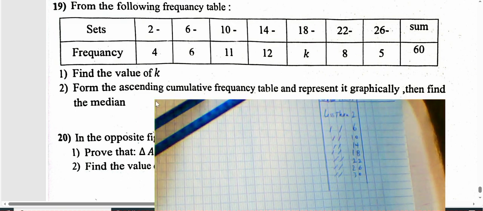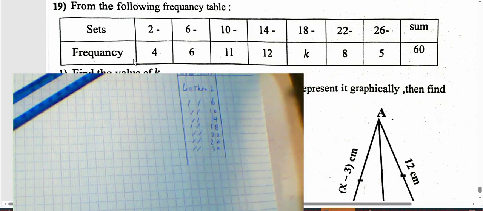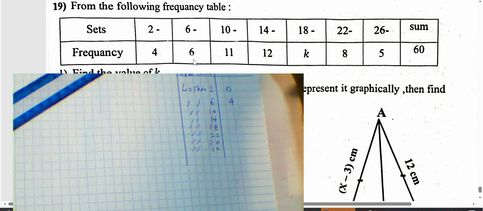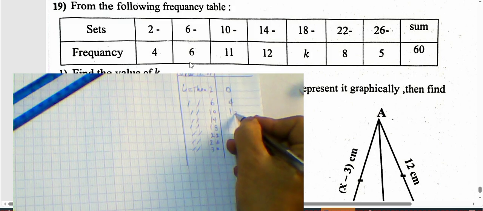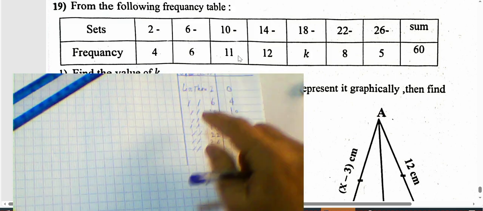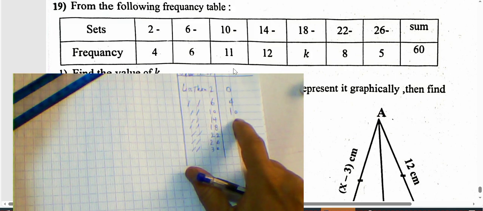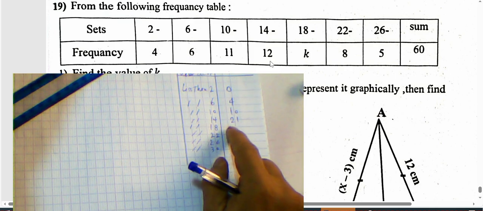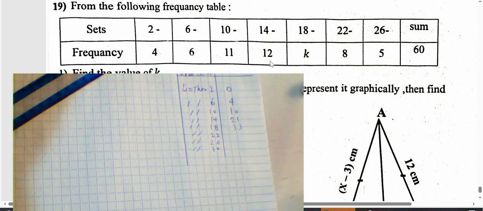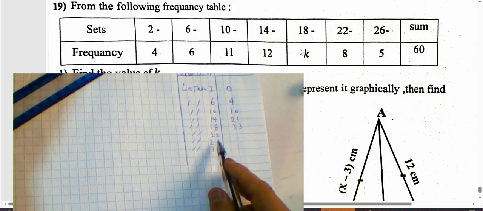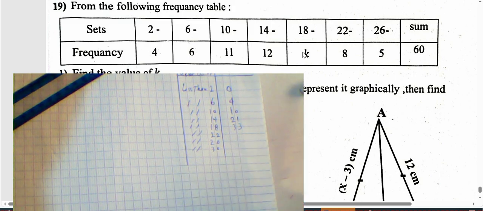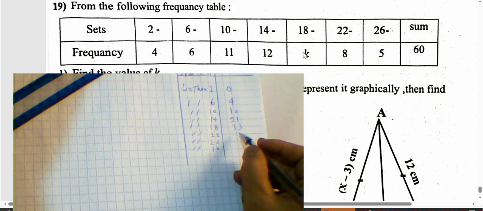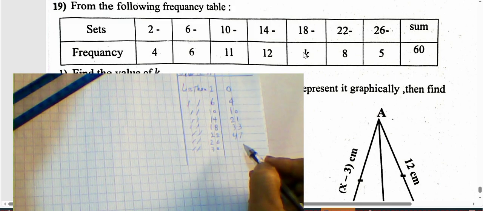Look with me: less than 2 it will be 0, less than 6 it will be 4, less than 10, 6 plus 4 equals 10, less than 14, 11 plus 10 equals 21, and less than 18, 12 plus 21 equals 33. Then less than 22, we found k equals 14, so 14 plus 33 will be 47.